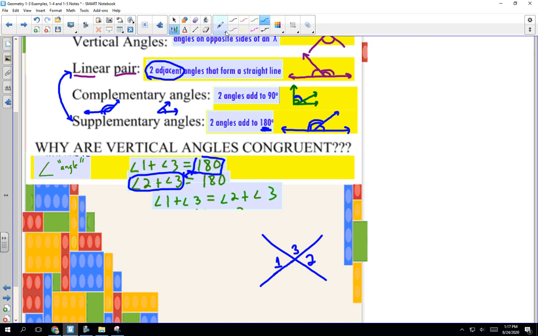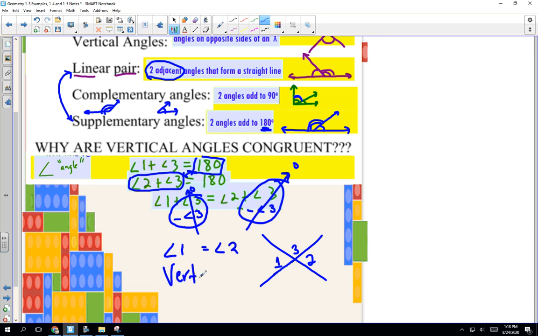Just for fun, what if I got rid of an angle 3 on both sides? I subtract an angle 3 from both sides. Angle 3 minus angle 3 gives us 0, and then angle 1 is equal to angle 2, and that's why vertical angles are congruent.